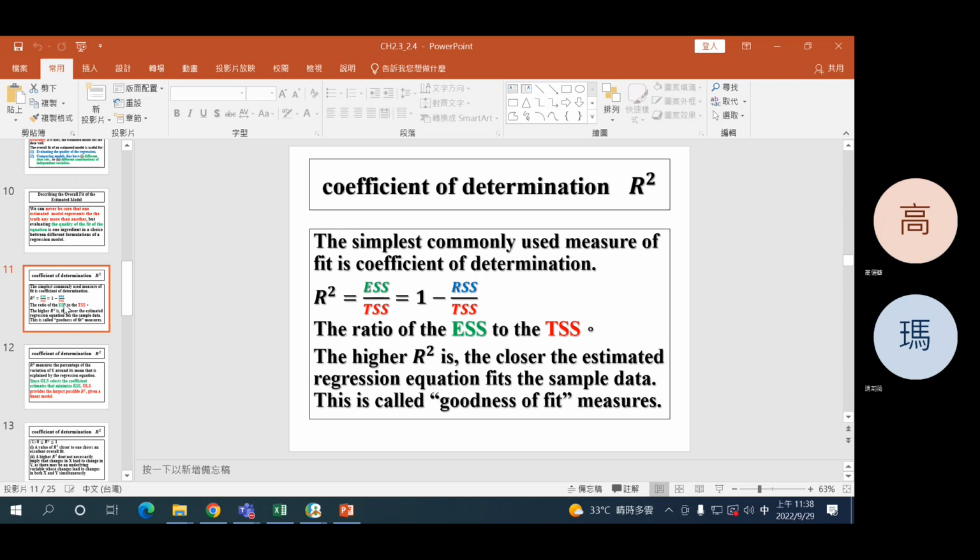Look at the equations. This can be expressed as this, so R squared is this part, and it is also equal to 1 minus this part.